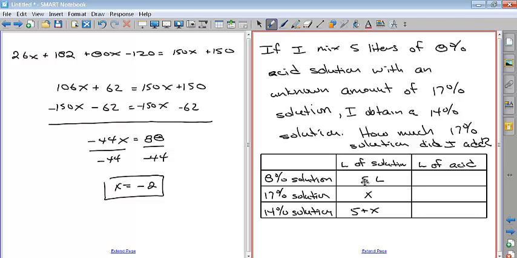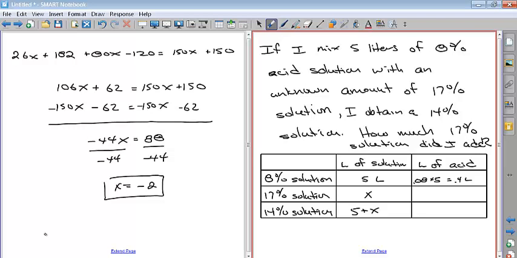I may give you one of these and you have to calculate this, or I may give you this and you calculate that. Whatever the unknown amount is, that's where you put X. So 5 plus X is 5 plus X. Then you calculate the liters of acid: you take the decimal equivalent of the percent solution times the number of liters of solution. So 5 times 0.08 is 0.4 liters of acid.